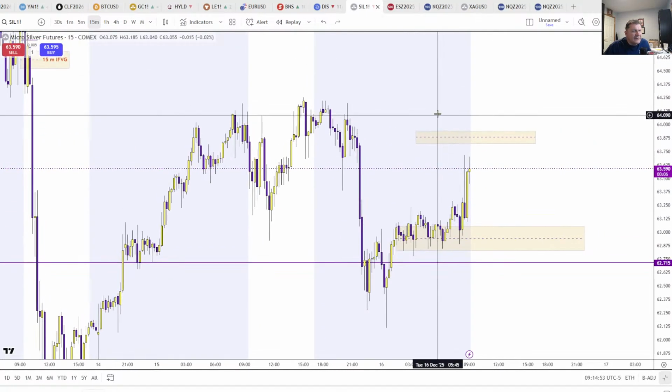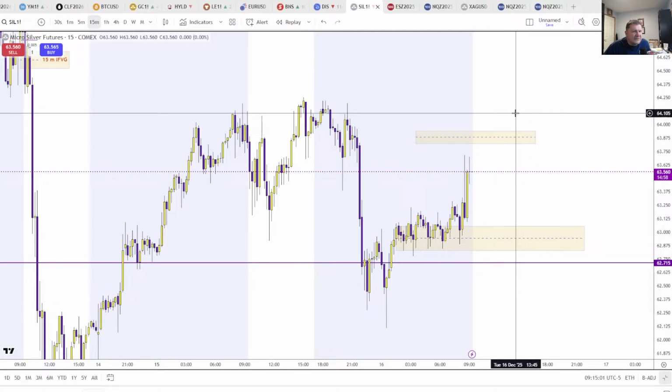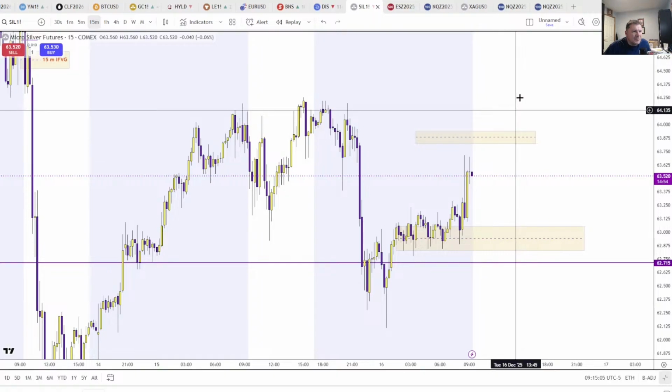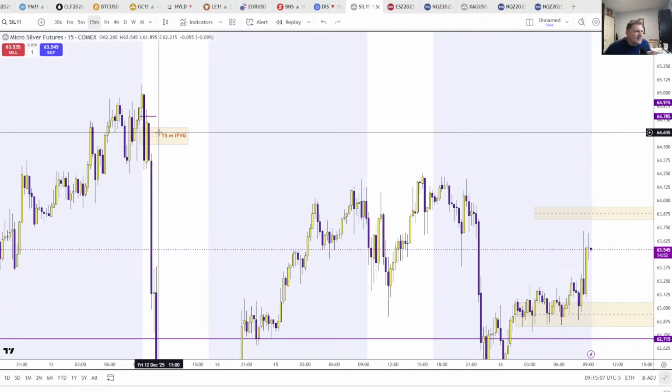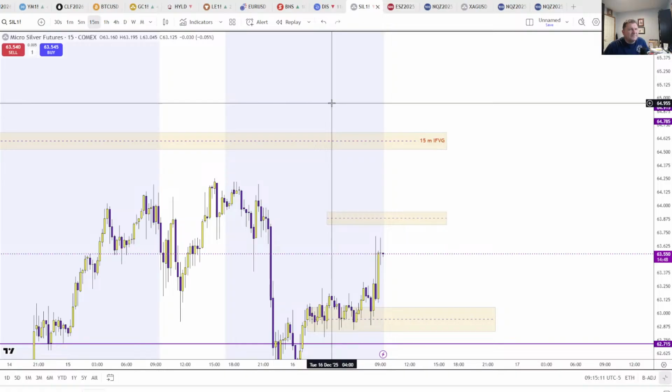That's your objective. And then if you can get through 64.07, wiggle room 64.110, use it as support, run for these highs, and then start targeting your 15-minute again. That would be yours. Silver.